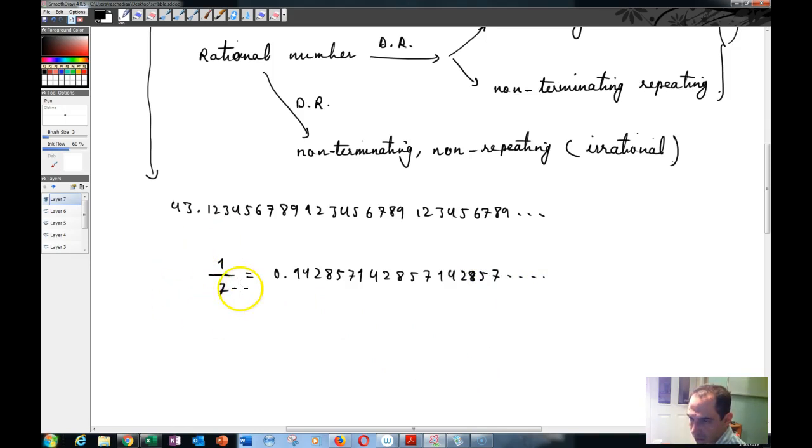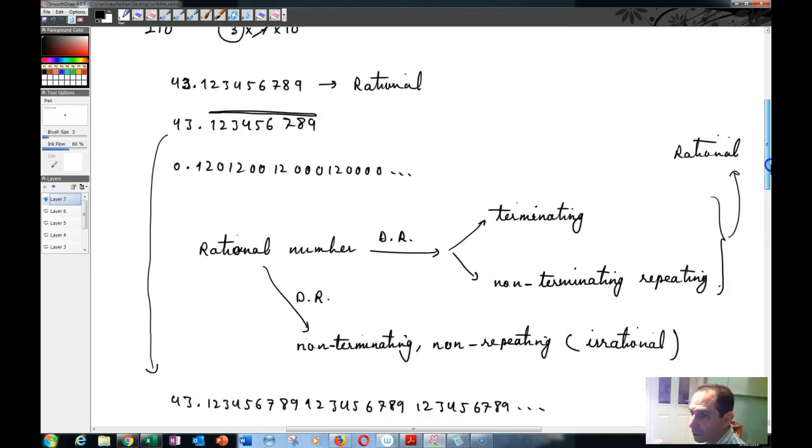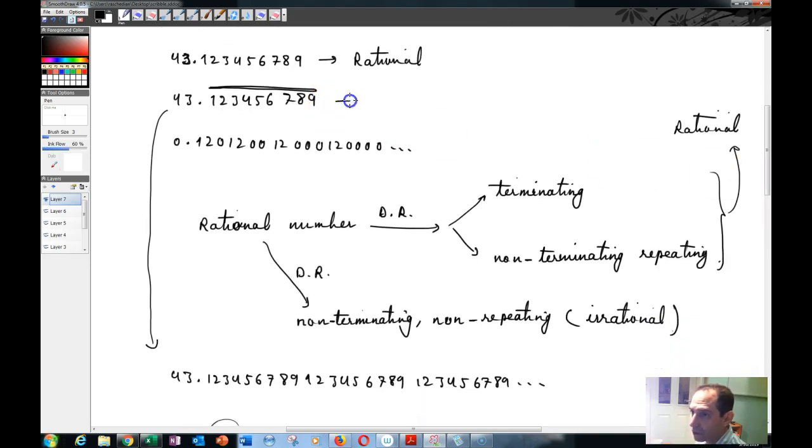So this is a rational number, and of course you know it's a rational number because it is possible to express it as a ratio of two integers where the denominator is not 0. You would write this number as 0.142857 repeating. This is non-terminating repeating or recurring, so it's a rational number.